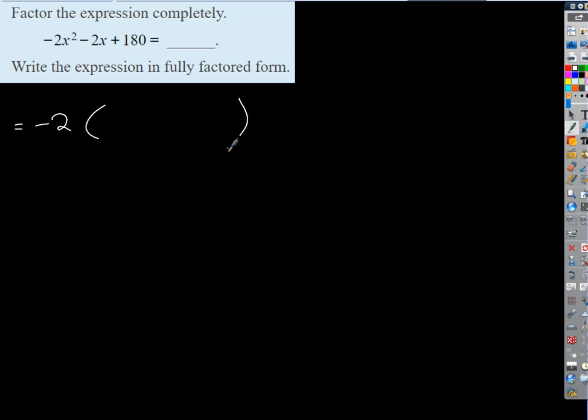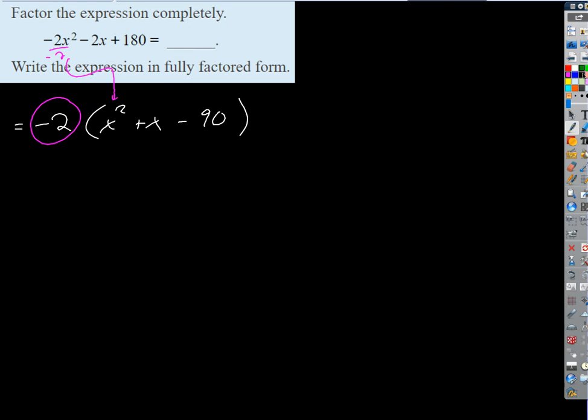Well, if I undistribute a -2, what's left? X squared, good. Well, careful. Plus x, good. Minus 90. How did we get that stuff? Well, all we did was divide. If I factor out a -2, I'm just dividing everything by -2, right? So if I divide -2x squared by -2, doesn't that just give me x squared?